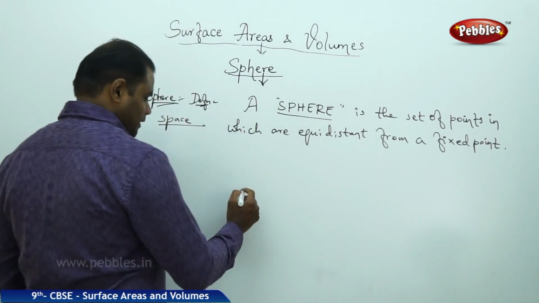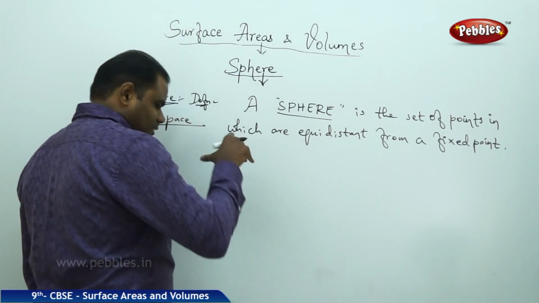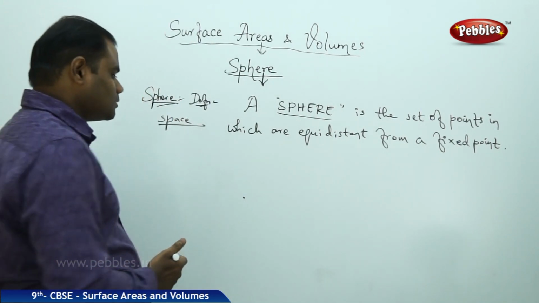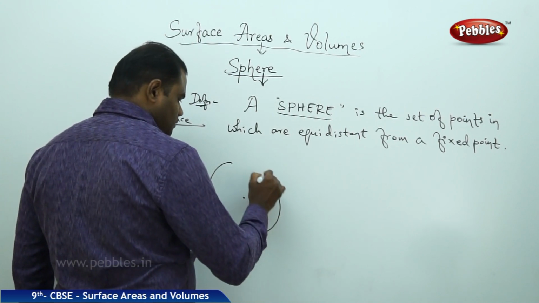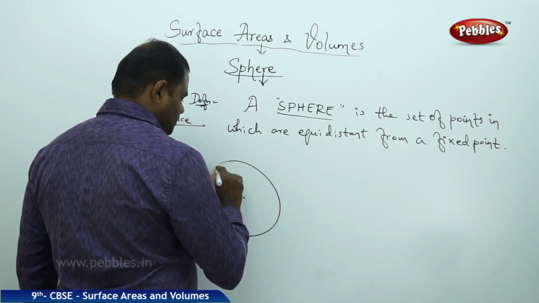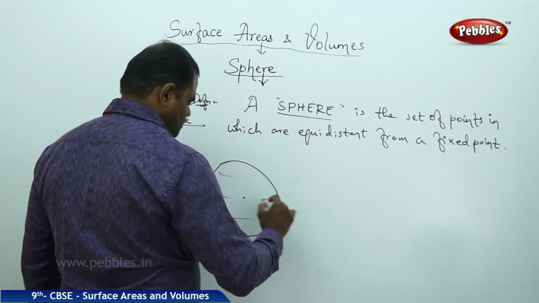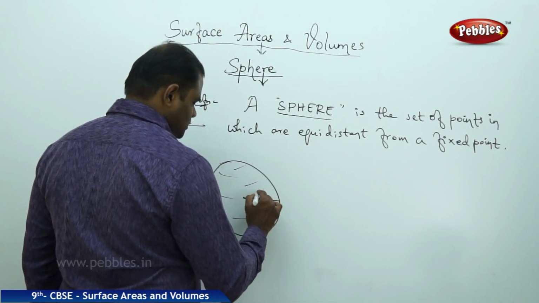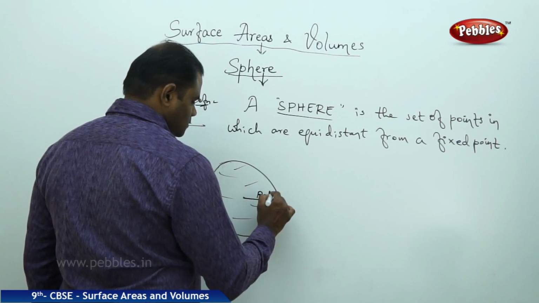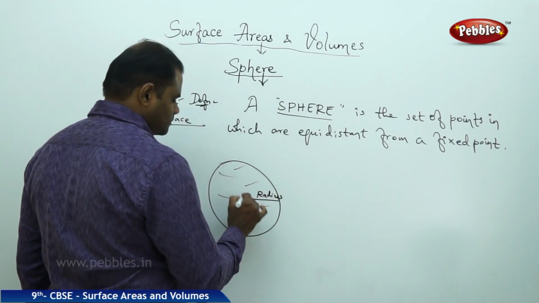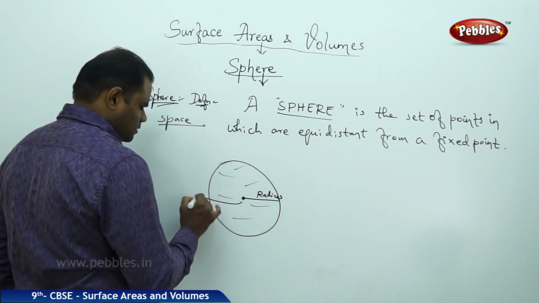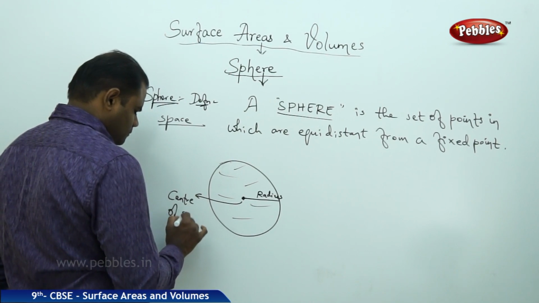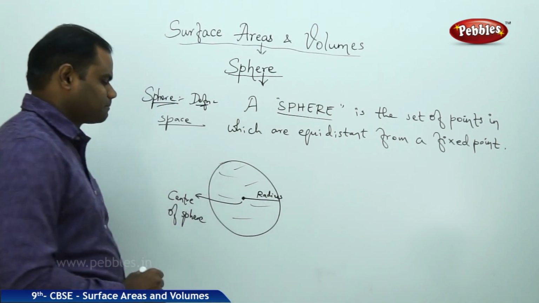That is, when I take the fixed point in the center and spread all the points which are equidistant, then I get a three-dimensional object which is a sphere. The distance from the center to this is called the radius, and this fixed point is called the center of the sphere.